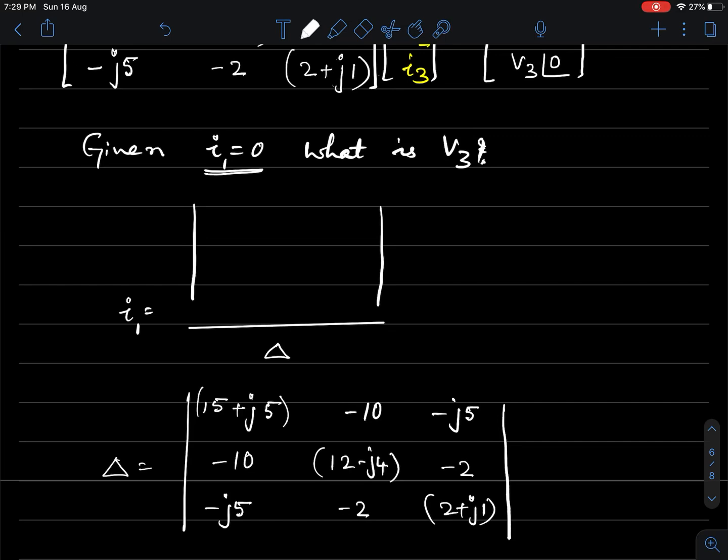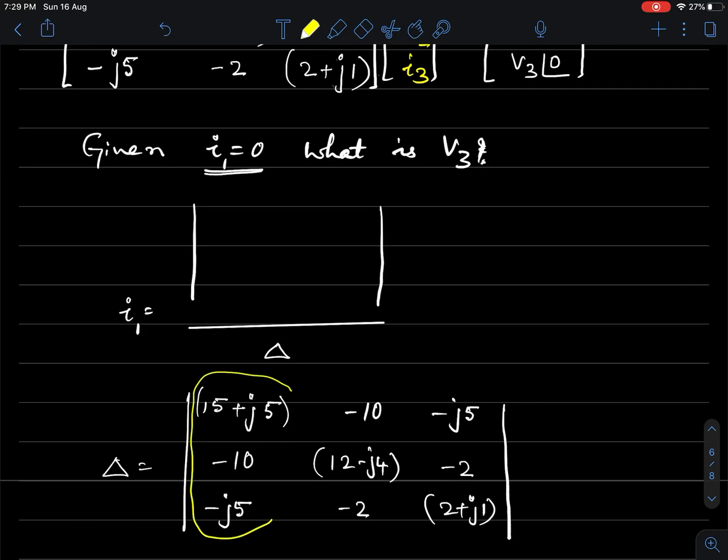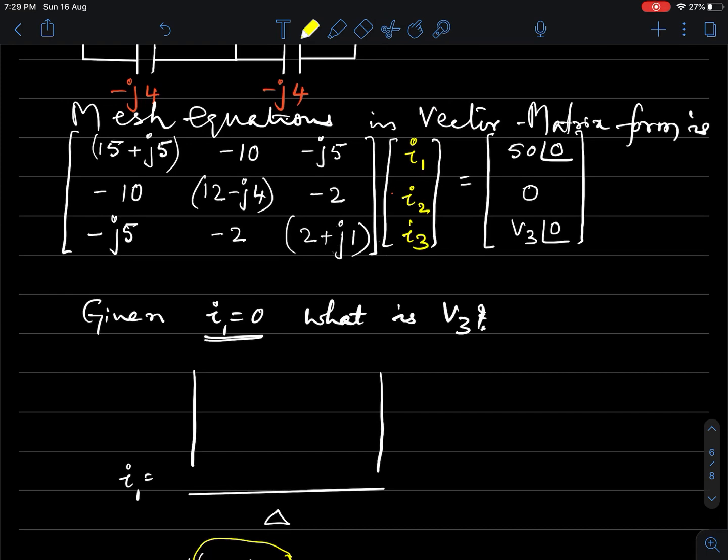So I1 is obtained by replacing the first column of the delta determinant by the V vector, the voltage vector, and dividing that by the discriminant delta. What I mean is, I will write what I1 is equal to. I will replace the first column of the delta determinant by these values. I will use the same color so that it becomes evident. This is 50 at an angle 0.